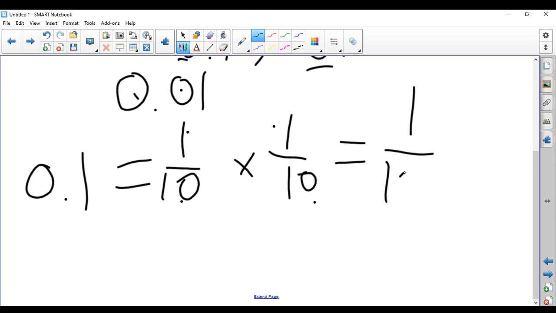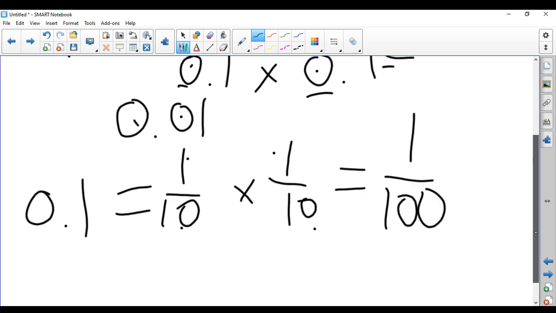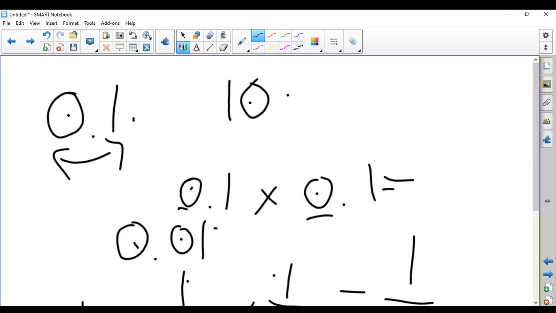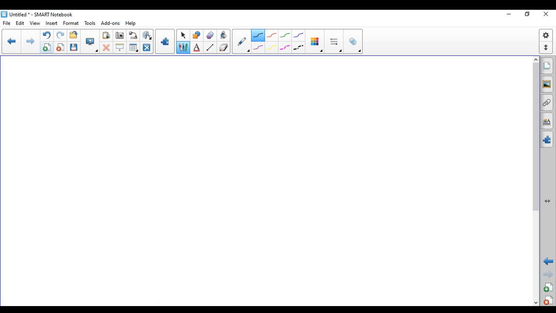So 10 times 10 equals 100. So 1/10 times 1/10 equals 1/100, which is exactly what we showed here. If it means converting to a fraction to solve and then reconverting back into a decimal, that's how I tend to do it, if we're being honest with each other. So again, we are dealing with the concept of shifting the decimal to a different place depending on the decimal given. And that's how we're going to go about page 80.